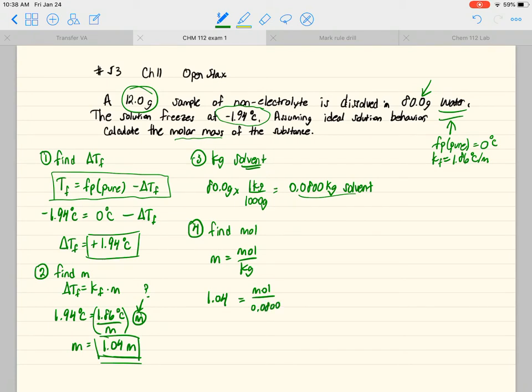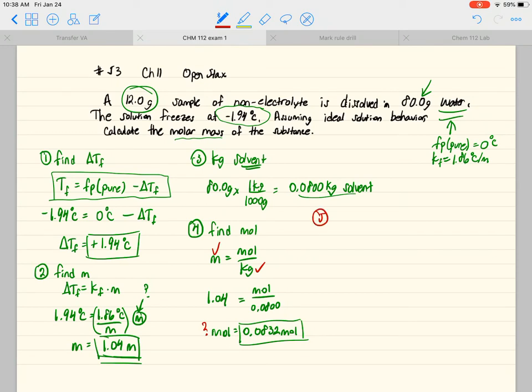So the number of moles is 1.04 times 0.0800, which is equal to 0.0832. Basically in this formula, we know the molality, we know the kilograms, and we're just finding the moles.